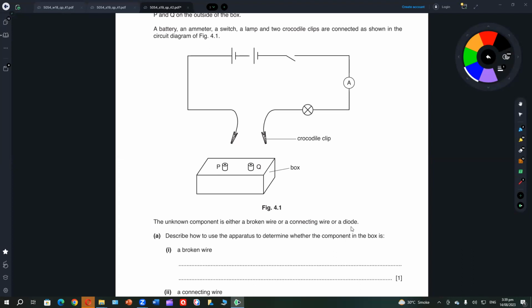Describe how to use the apparatus to determine whether the component in the box is a broken wire. If it is a broken wire and you connect the crocodile clip, the lamp would not light. Very good.